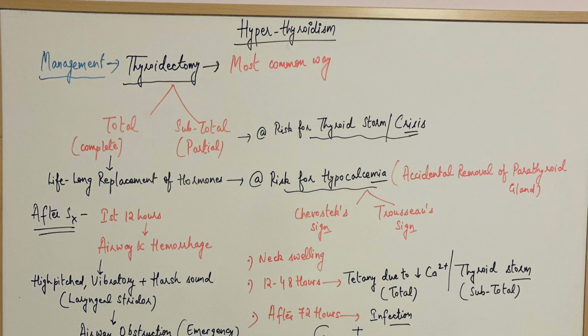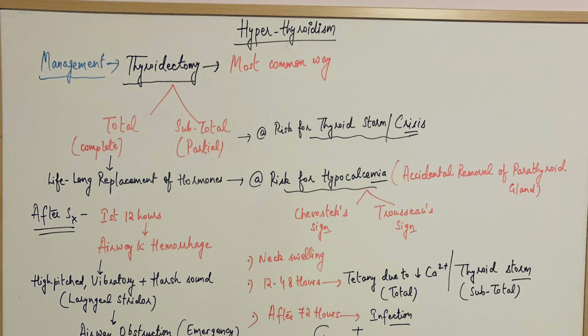Remember both. The hypocalcemia signs, we already know, are basically two: first is Chvostek's sign and second is Trousseau's sign. In subtotal thyroidectomy, because we are removing only part of the gland, there is no risk of hypocalcemia, and no need for lifelong replacement of thyroid hormones.